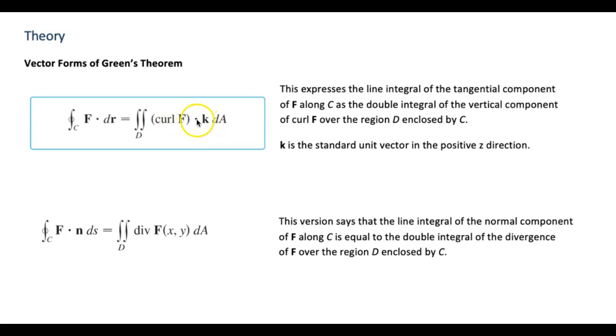When we take this dot product with k, that just means we're only worried about the vertical component of curl, over some region D. And there's another version here that says that this line integral of the normal component of f along C is just equal to the divergence of this function f of x and y over this region. And so again, just giving these here for you to be able to make that connection, and we'll talk about some of these later.